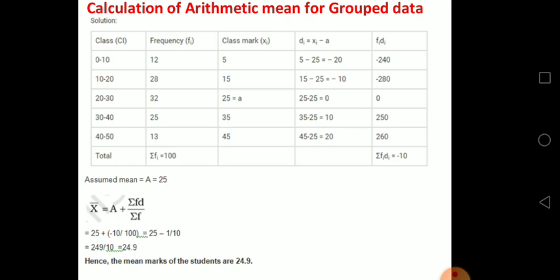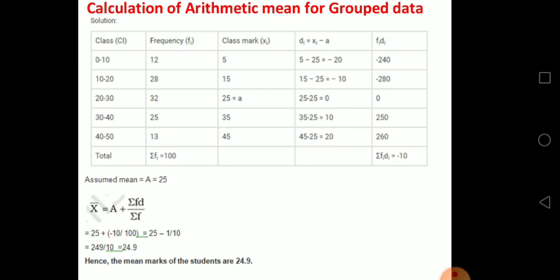For the second group, you have 10 plus 20 divided by 2, and that gives us 30 over 2, which is 15. That is the class mid value. For the other one, you have 20 plus 30 divided by 2, that gives you 25, which is the mid value. And that will be taken as a representative for each class.